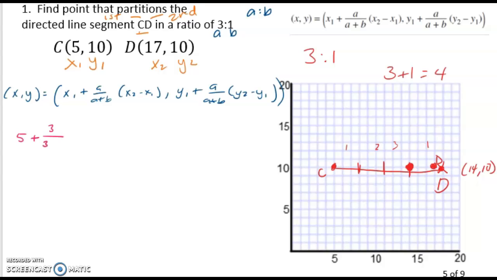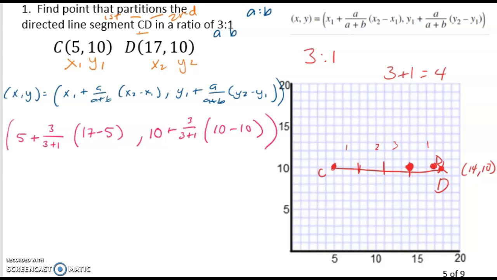A plus B is 3 plus 1. x2 is 17 minus x1, which is 5. Okay, y1 is 10, plus A over A plus B again, so 3 over 3 plus 1. That doesn't change for your x and your y values. And then y2 is 10 minus 10.